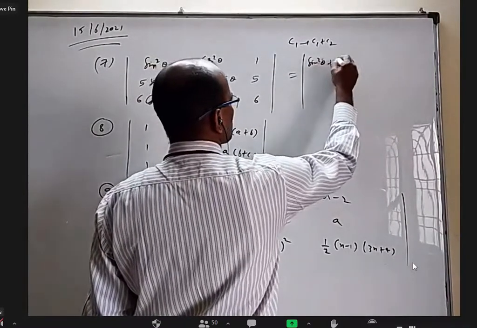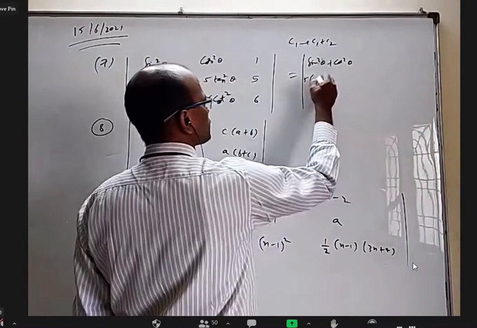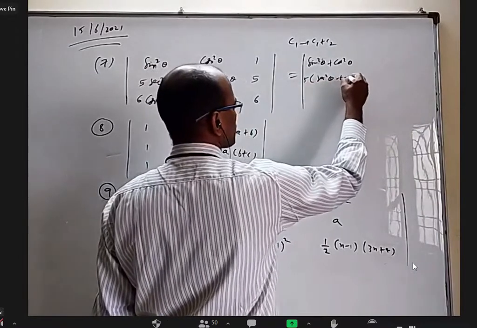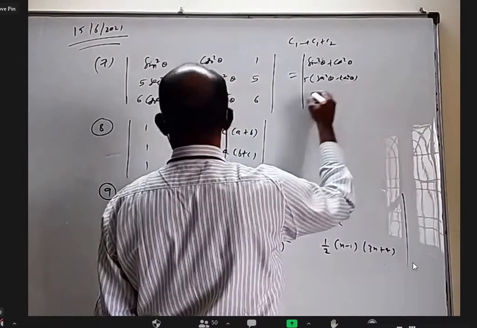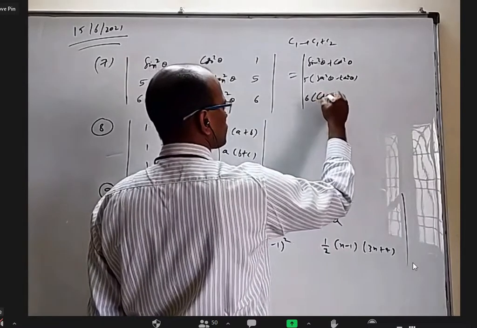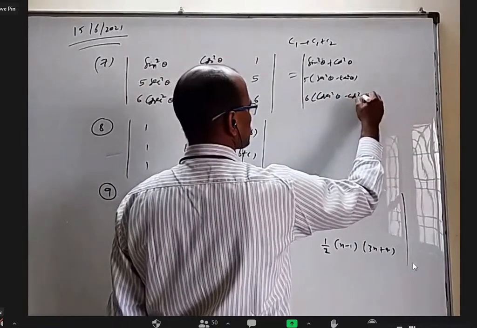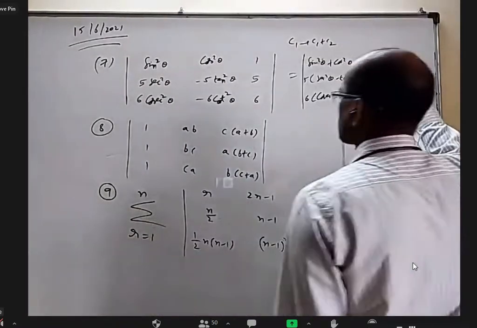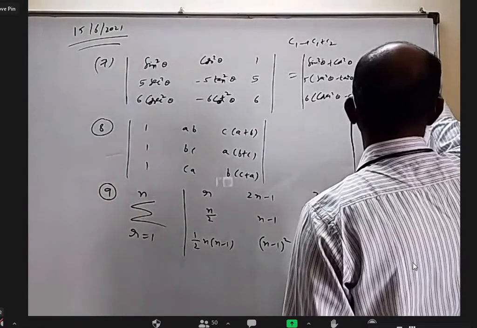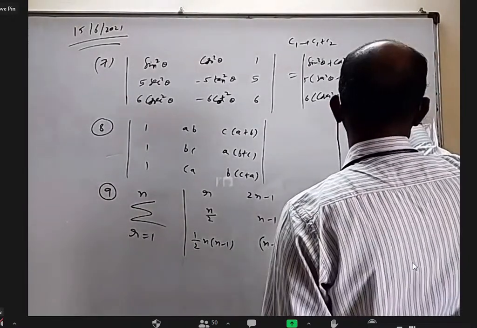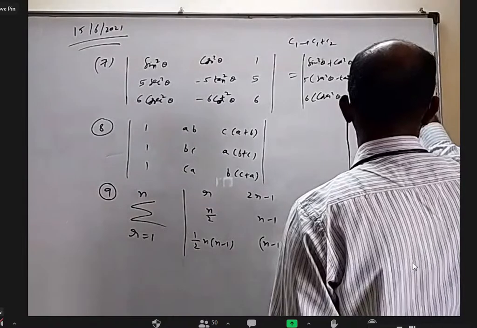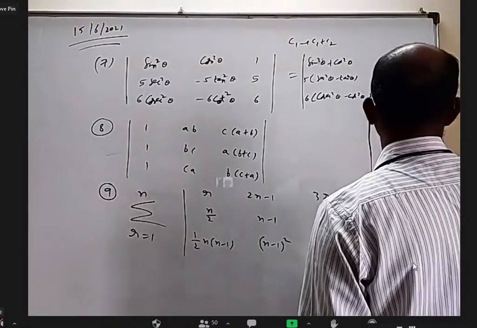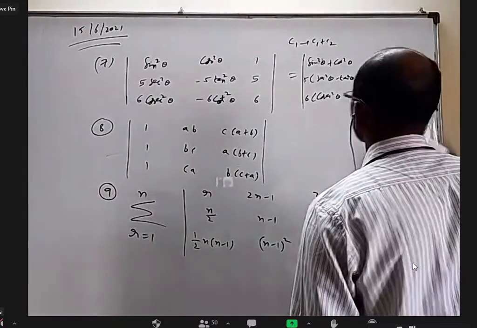This is sine square theta plus cos square theta. This is 5 common secant square theta minus tan square theta. This is 6 common cosecant square theta minus cot square theta. Second column as it is, cos square theta minus 5 tan square theta minus 6 cot square theta.